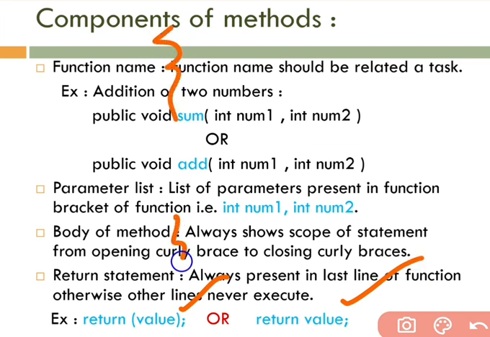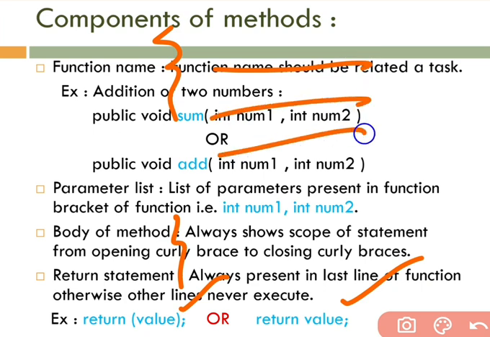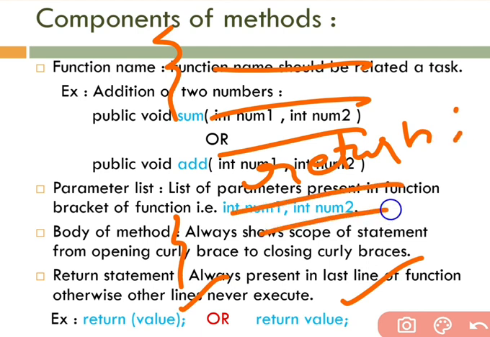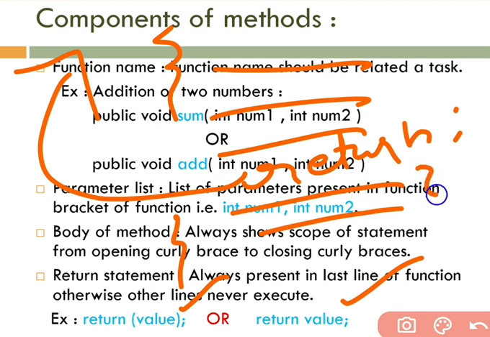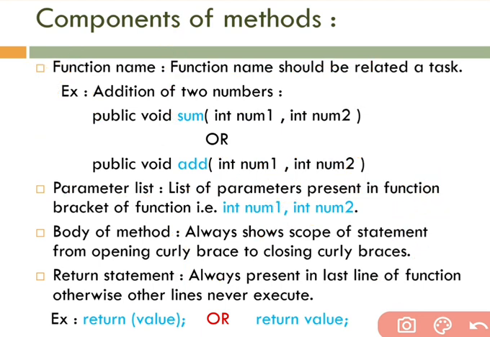If we have a function and a few statements are written, and then return is written, return means we have to go back from here. These lines are not going to execute. That's why you have to remember that return should be in the last line of a function. Otherwise it creates problems.